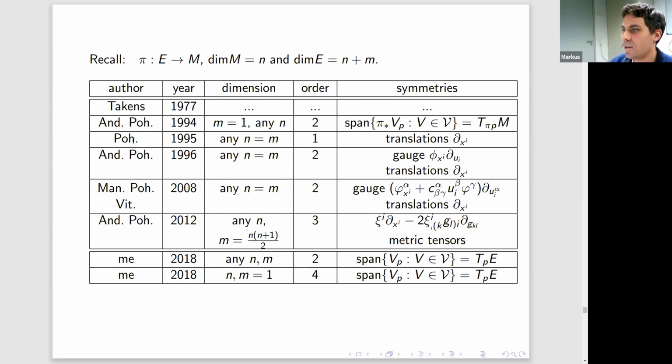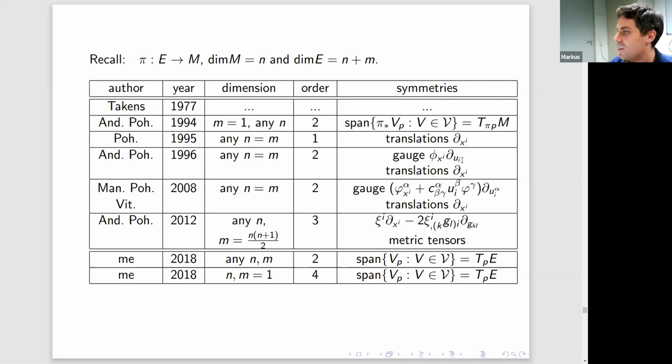And then Juha generalized this 1 year later. There he already considered systems where n is equal to m, but only of first order, and also only for very special symmetries, for translations in x direction. Yeah, and then generally 1 year later, they even generalized this here. So they proved it for second order, but then they had to use an additional symmetry condition.